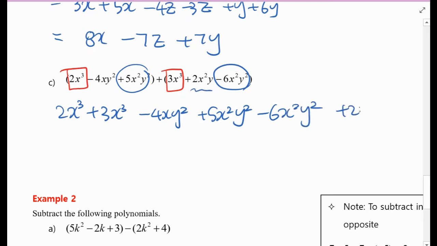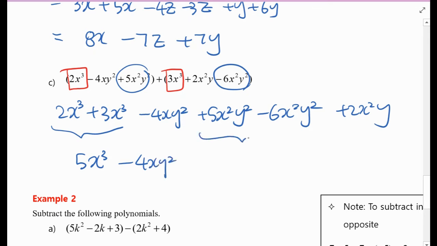And plus 2x squared y, no like term. We're going to combine the like terms. 5 minus 6 is negative 1. But you can always omit 1, so you don't have to write it. Plus 2x squared y. So this is the answer.